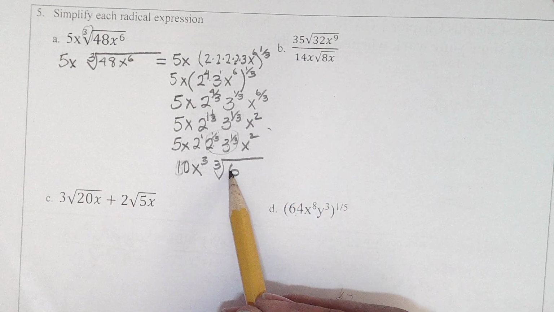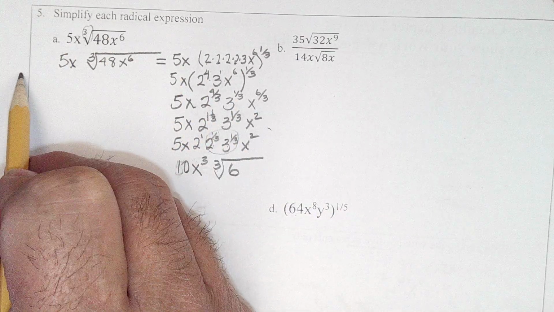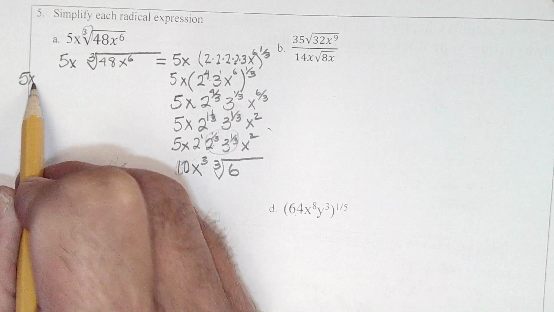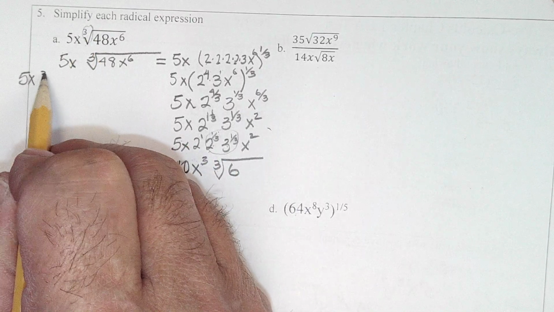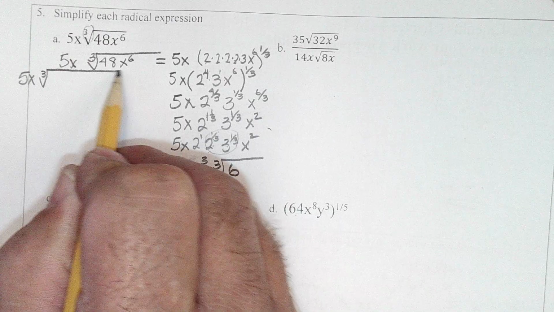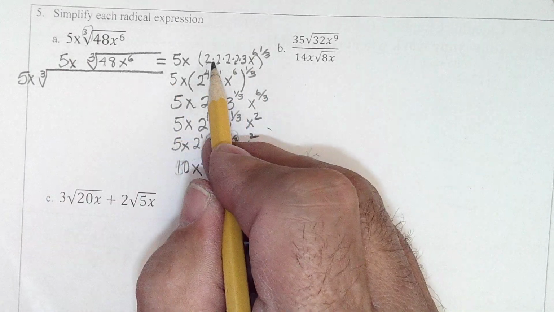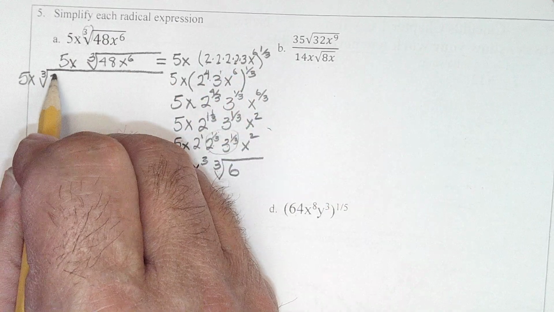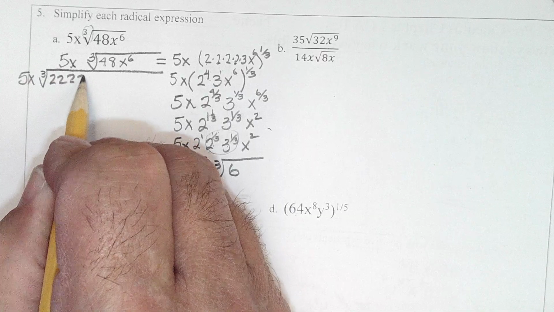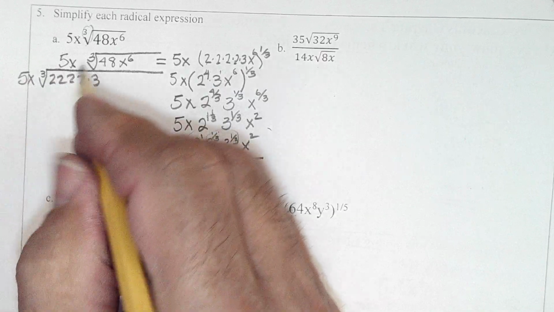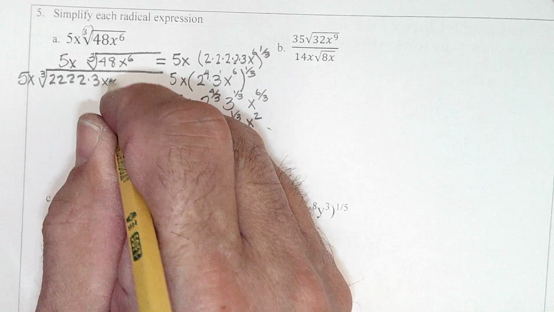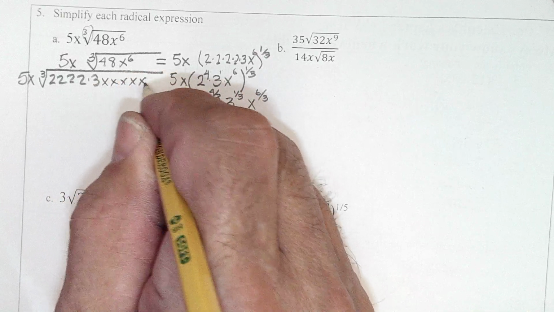Now I'm going to do it the other way I showed in class. So I got 5x and cube root of 48. 48 is 2 to the 4th, 2, 2, 2, 2, and a 3. And x to the 6th, x multiplied 6 times.